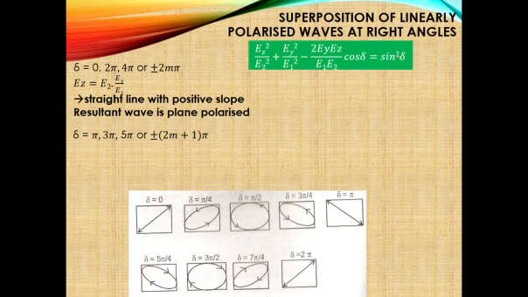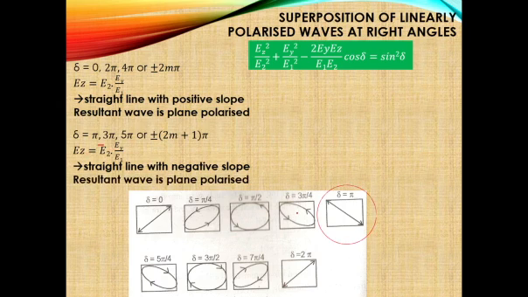And what is sin 180? It is 0. So similar to the earlier condition, only it is of the form a plus b whole square. So when we rearrange it, we would get Ez equals minus E2 Ey by E1. You can check it out step by step. So a straight line with a negative slope is obtained.